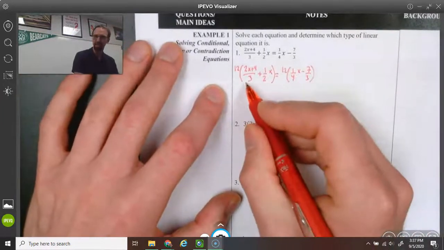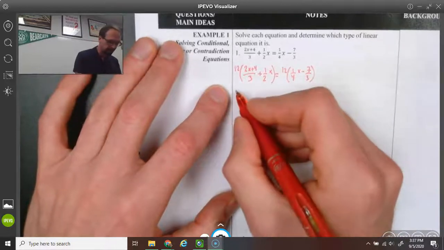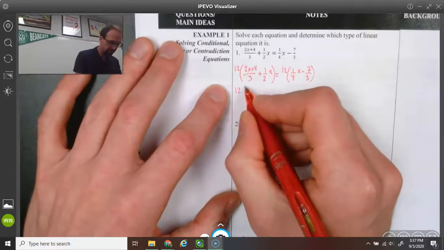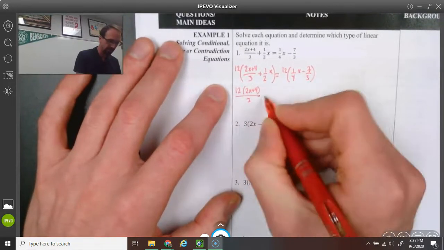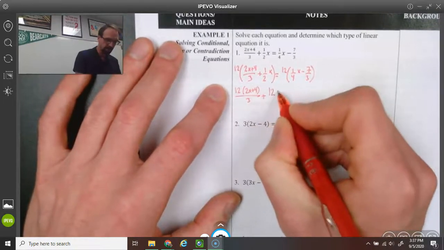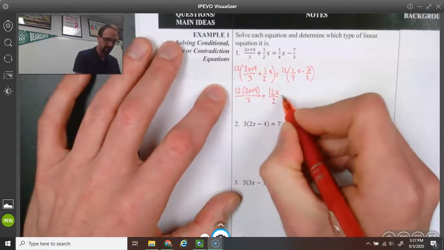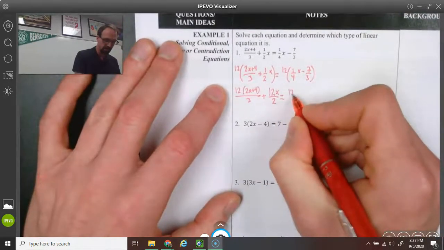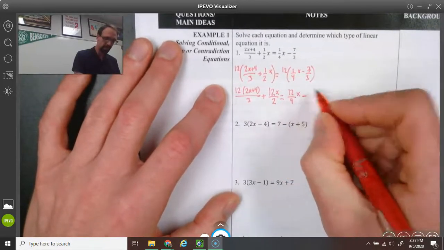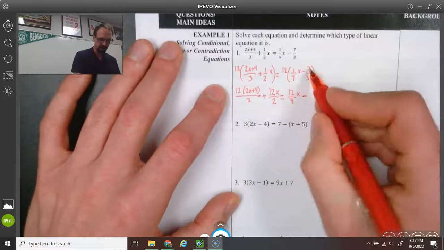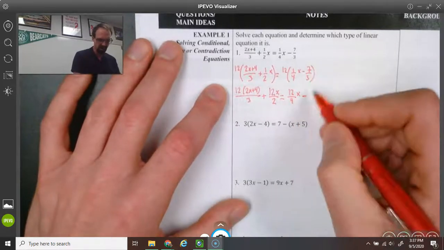Instead, because I know that it's going to be 12 over 3, I'm going to have 12, and then keeping that 2x plus 4 in parentheses over 3, plus 12x over 2, and then here 12 over 4x minus 12 times 7. I can do that and then divide by 3.